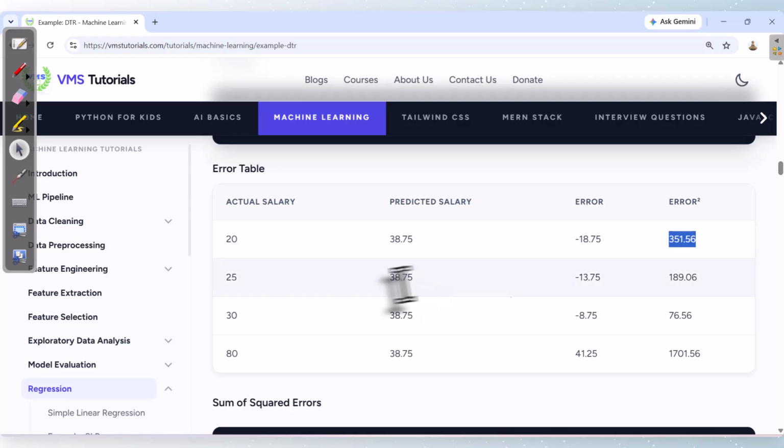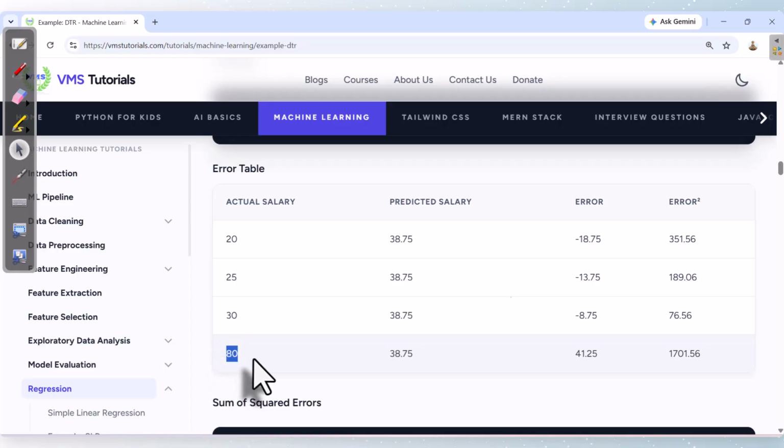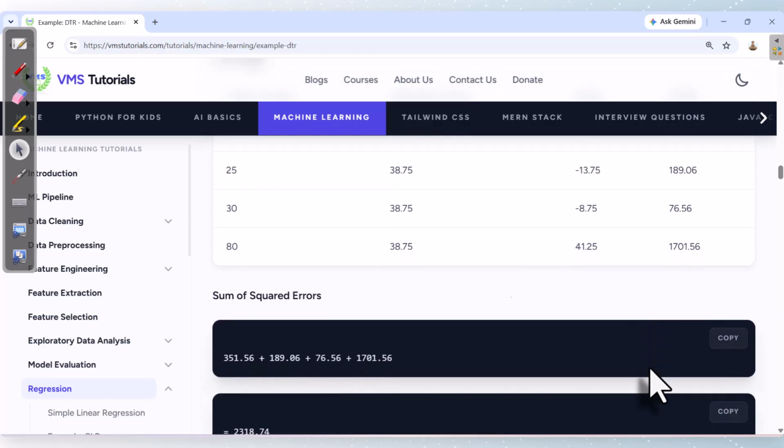351.56. Similarly, you can calculate the error square for all the other samples. 25 minus 38.75 is minus 13.75, and the square of it is 189.06. Then for 30 minus 38.75, that is minus 8.75, the square of it is 76.56. Similarly, 80 minus 38.75 is 41.25, and the square of it is 1701.56.